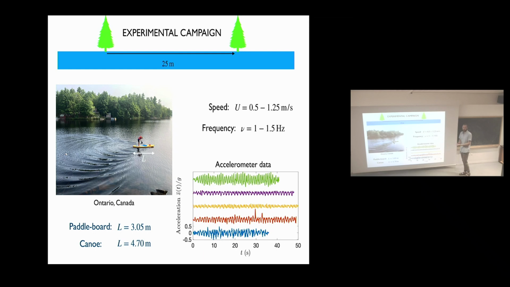You can get the frequencies of the oscillations, and you can work out that gunnel bobbing can give you a range of speeds from about 0.5 meters per second to about 1.25 meters per second. This was attempted on a paddleboard and a canoe. This is Jerome's son, Miles, on a paddleboard.